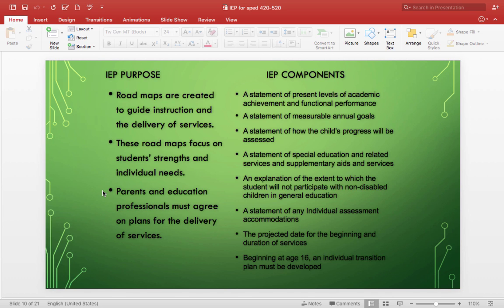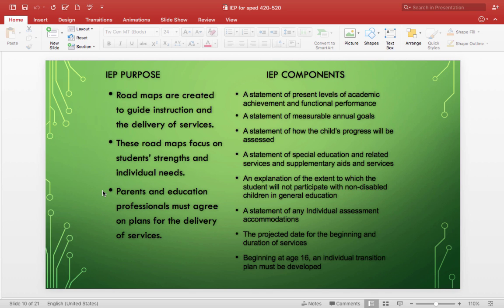So the purpose of the IEP is basically a roadmap. How are we going to help this student with instruction and delivery of the services that they qualify for? And we're going to also look at strengths and needs. Strengths always come first. We don't look at a child as to what their weaknesses are, because that's a medical model. We look at it from a strengths perspective.